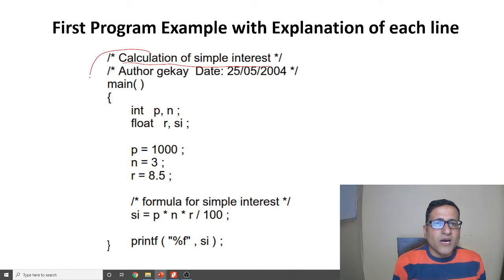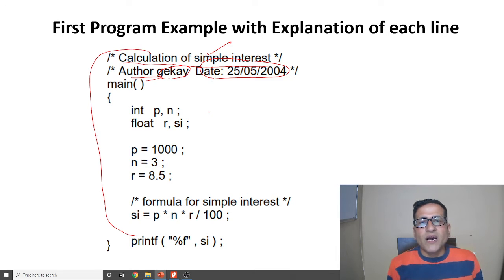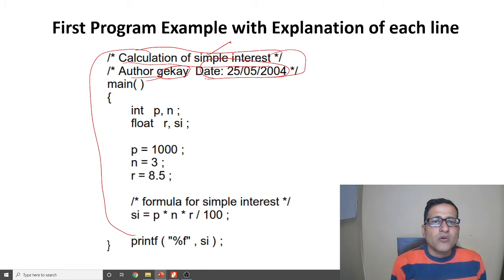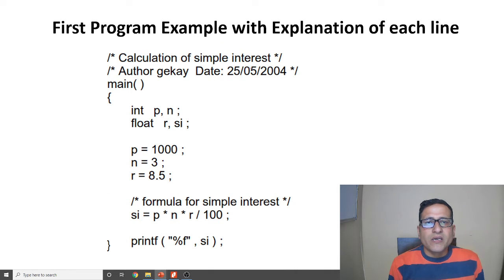Here in this program the author wants to calculate the simple interest, and the author will write his name and the date when he is going to write the program. Although these things are not necessary, it lets the user learn what this program is used for. So we can write in these lines that this program is for this purpose.